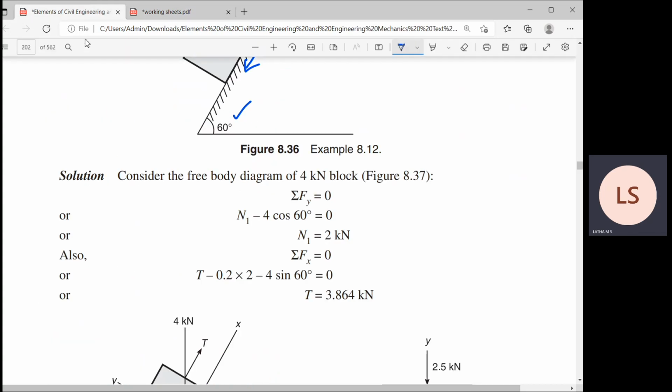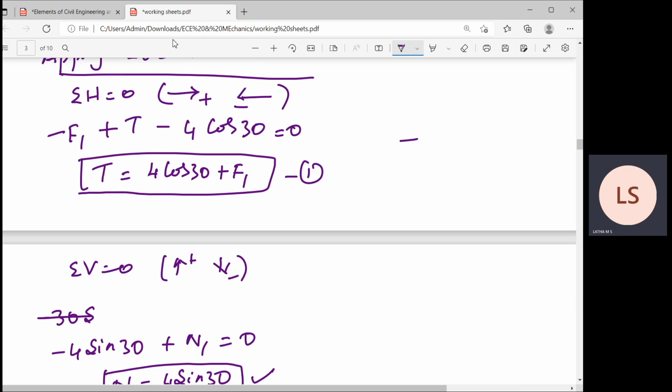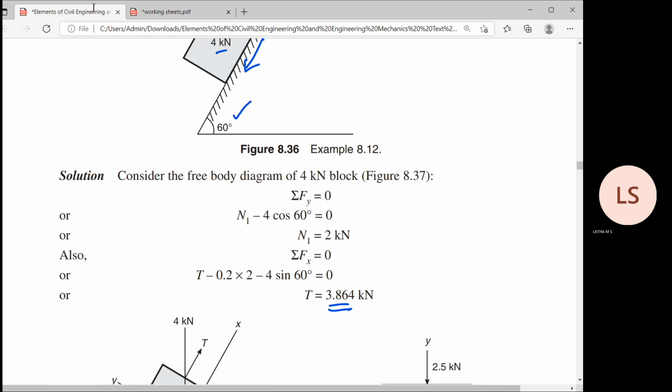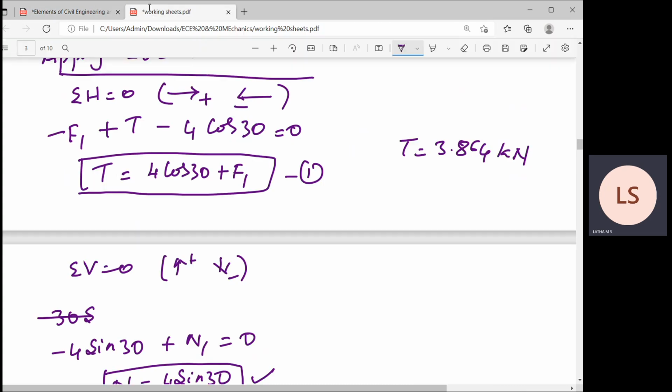So the T value, I get the value as 3.864. So T is equal to 3.864 kilonewton. Kilonewton or Newton it is? Yeah, kilonewton. Okay. So I get this value.